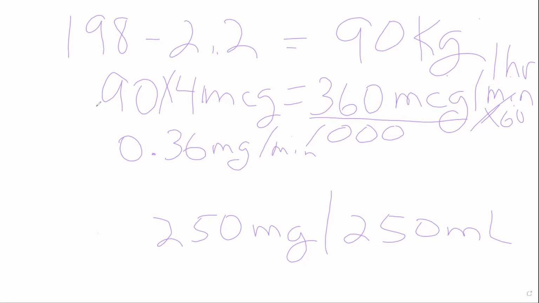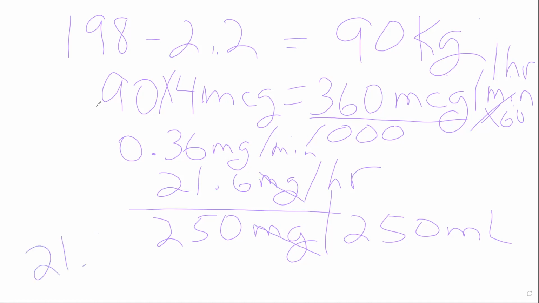And that should give you 21.6 milligrams per hour. Now you're putting that on top of what you have on hand, which is 250 per 250. Your milligrams are going to cross out. And now you just do the math, which you should still be left with 21.6, right? Because 250 is going to cancel itself out.